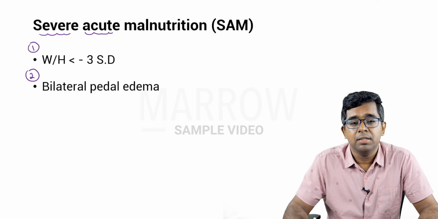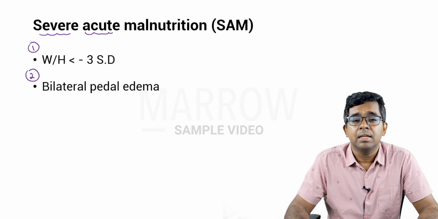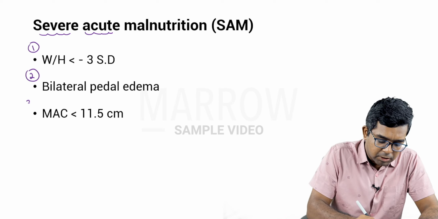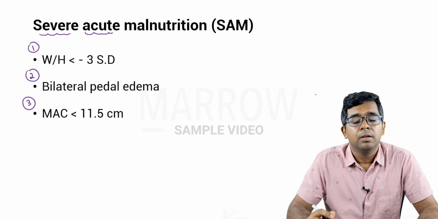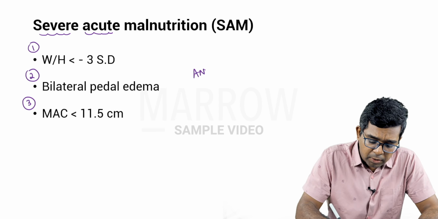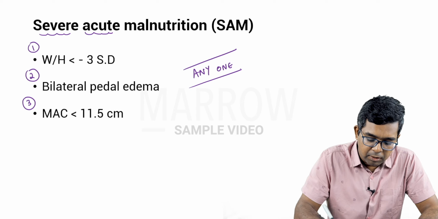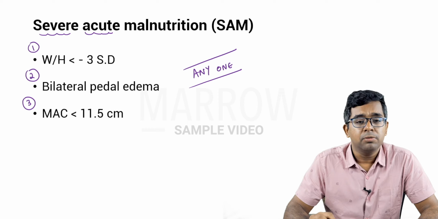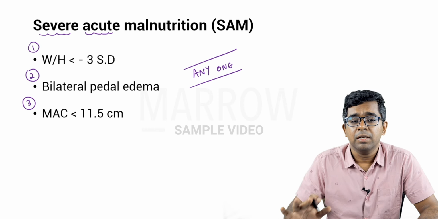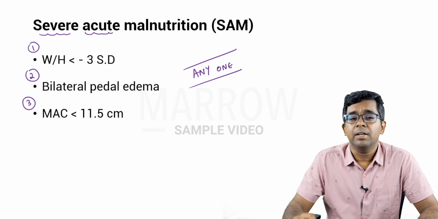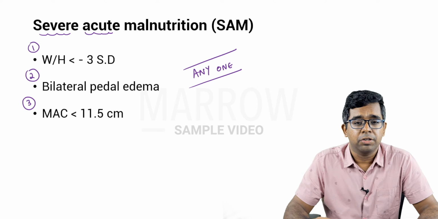And third important is mid-arm circumference less than 11.5 centimeter. I have already told you that in relation to the Shakir's tape. Now, out of these three manifestations, if any one is present, then you can label the child as suffering from severe acute malnutrition or a SAM case. This is the criteria for defining a child with severe acute malnutrition.